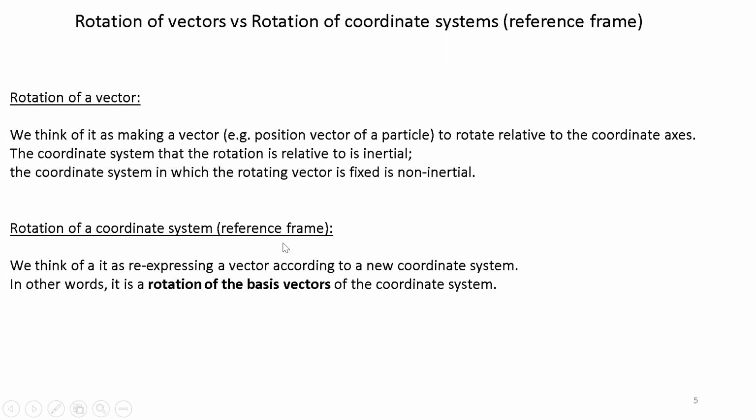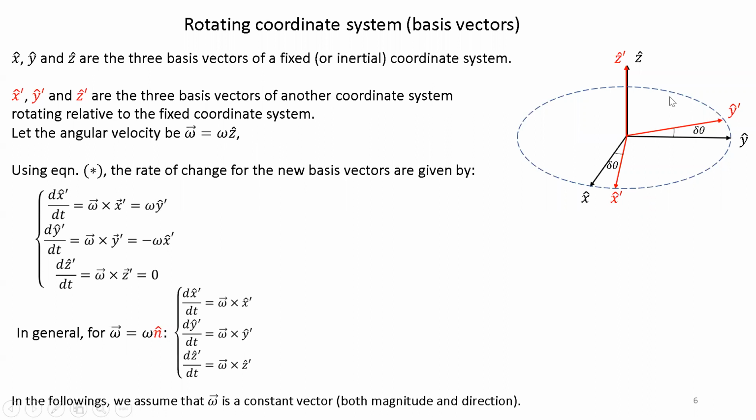Because you know our basis is x hat, y hat, z hat. When you express a vector, you express it in terms of x hat, y hat, z hat. As the coordinate system is rotating, the basis keeps changing to x hat prime, y hat prime, z hat prime.